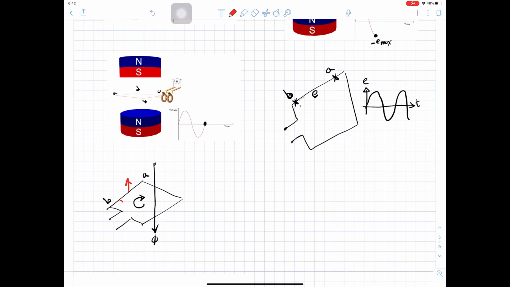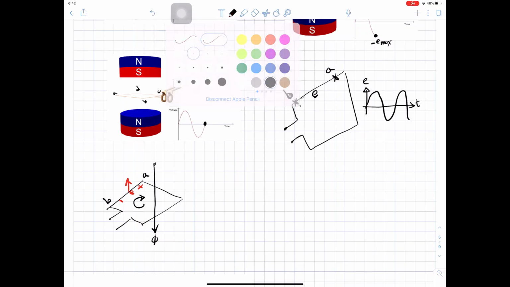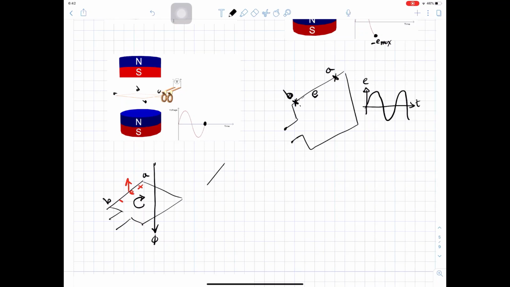So you can find that E will be in this position, and this E is 0 because the angle is 0.